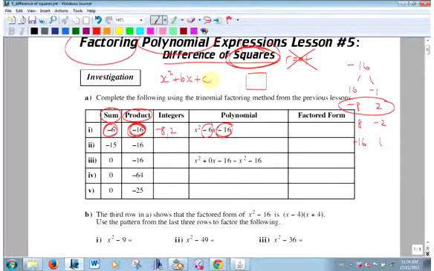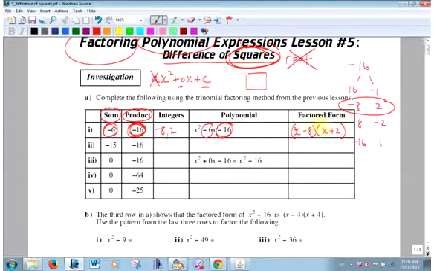In general, all the ones we've done so far, A has been 1, so we didn't have to worry about A, but soon it won't be. That'll be next week. B here is negative 6. C is negative 16. So how does this help you? Well, when you factor it, those are the two numbers, minus 8 and plus 2.